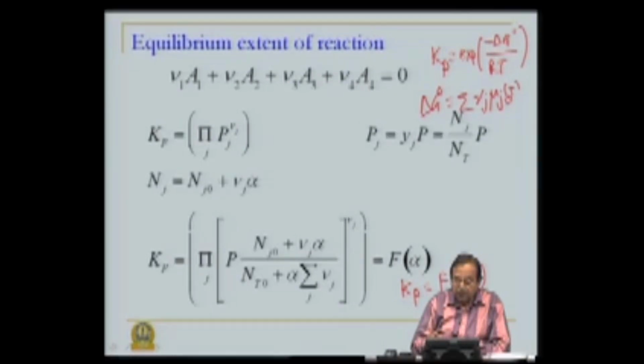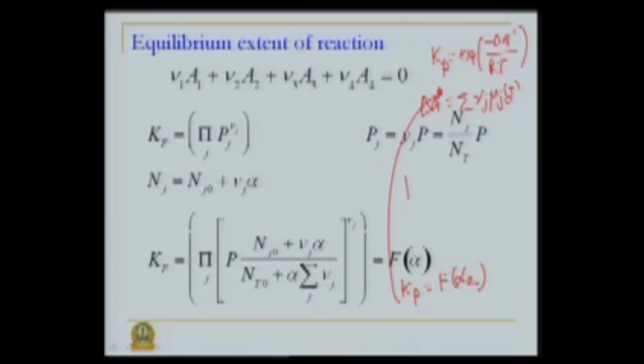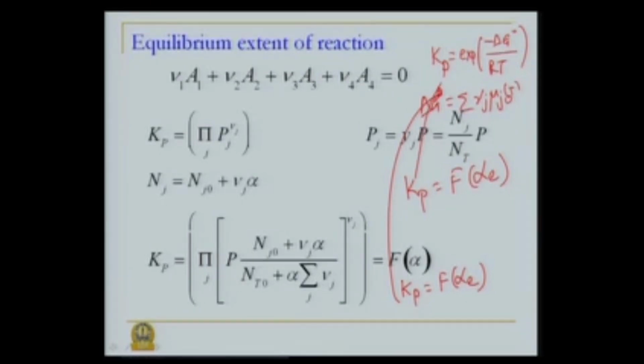That is, Kp is known independently from my thermodynamics. Kp is equal to f of alpha e. I know Kp independently from my thermodynamic information. I know this function f. So, that value of alpha which satisfies this equation is my equilibrium extent of reaction.